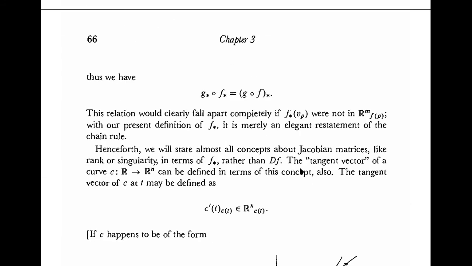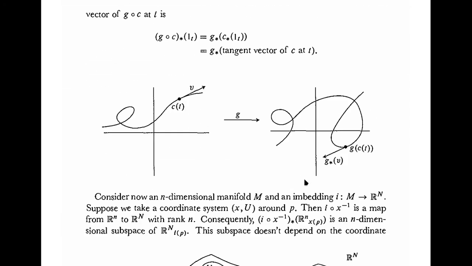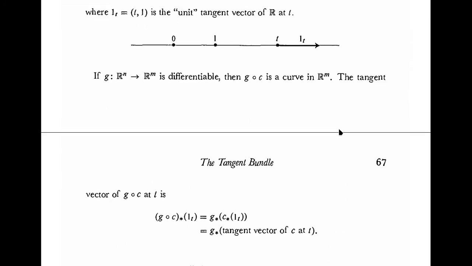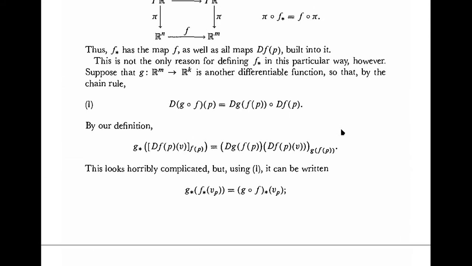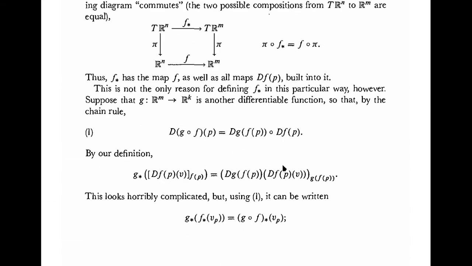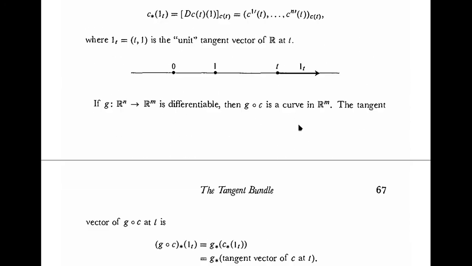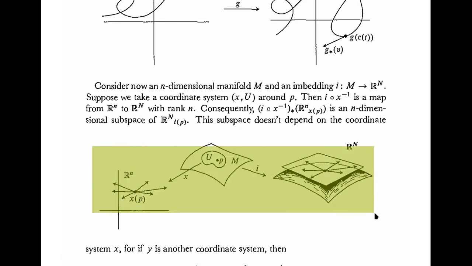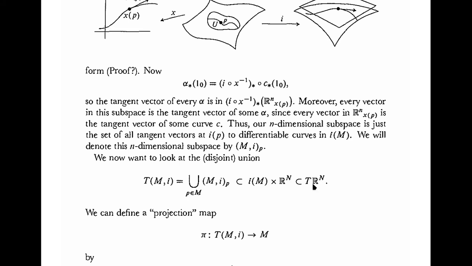But what we need is not really the nitty-gritty of this. Maybe you can go into how to define these tangent vectors from curves, and the transition maps and all of that. It's very well explained, but I don't think we need to spend more time on that.